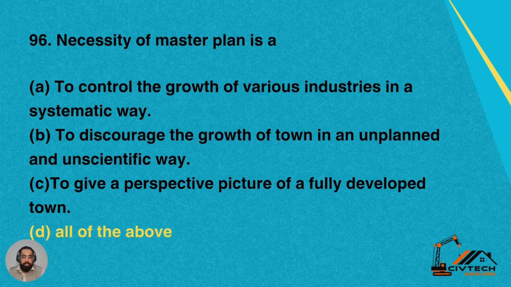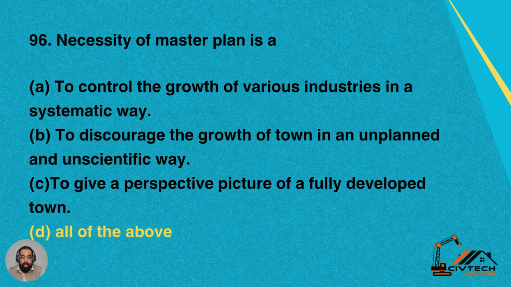Question 96. Necessity of master plan is a. Number A, to control the growth of various industries in a systematic way. Why master planning is needed? We do master planning just to control the growth of various industries in a systematic way.